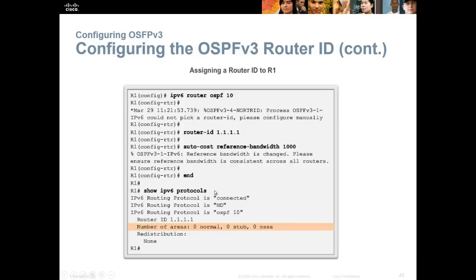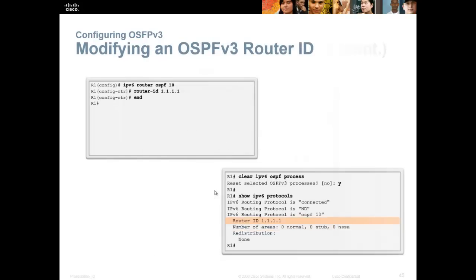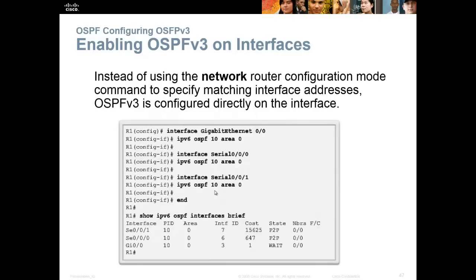But where it gets different here is here. Instead of using the network command, and this is what I thought they were advertising in another slide, in OSPF version 3, we don't use the network command anymore. We physically go to the interface and we put those interfaces in an area. So I go to interface gigabit 0, enter IPv6 OSPF 10 area 0.